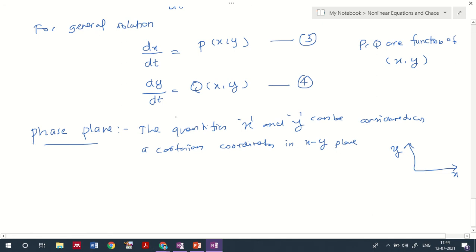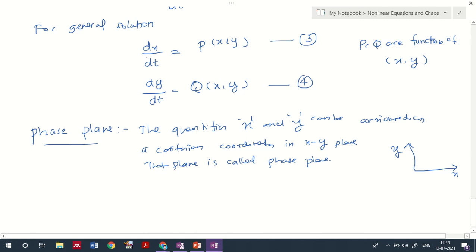The quantities x and y can be considered as Cartesian coordinates in the xy plane, and that plane is called the phase plane. It's very simple.